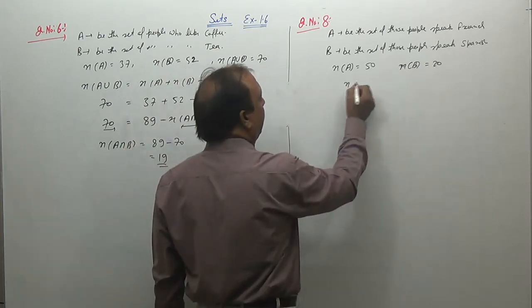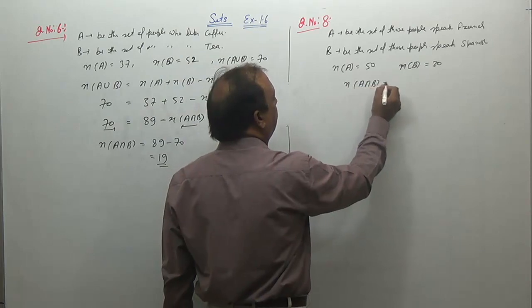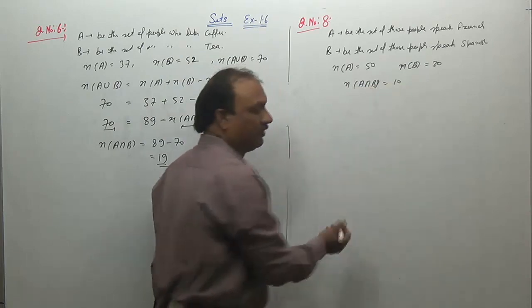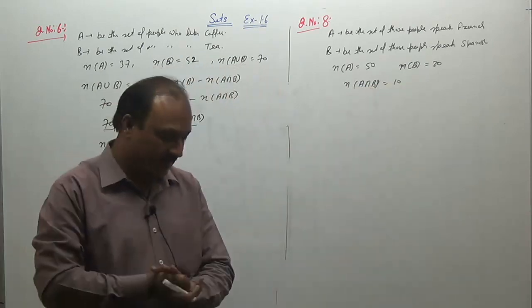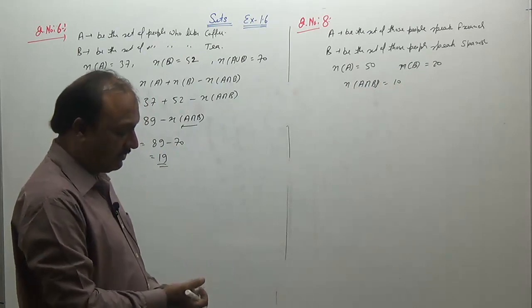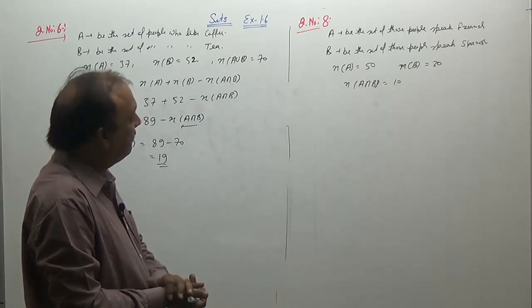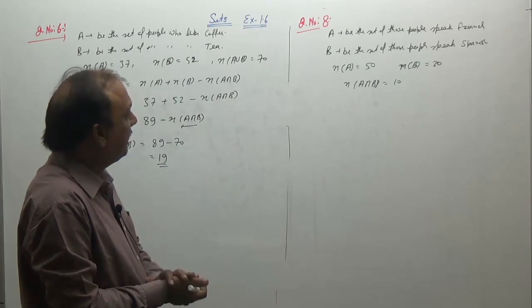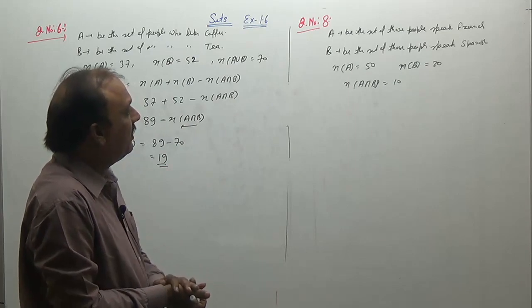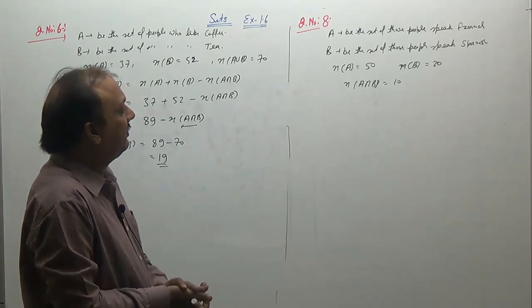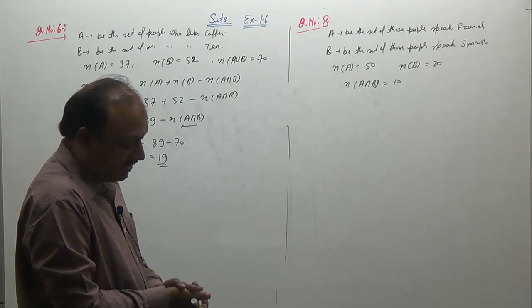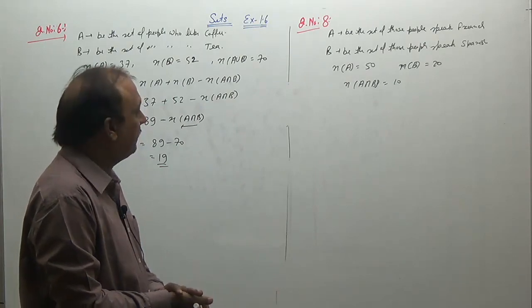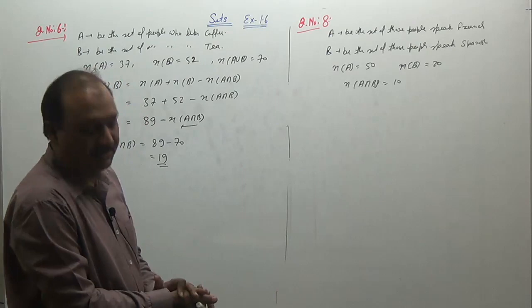That is, A intersection B is 10. So simply these are the given data. So in a group there are 50 elements. There is a second group which can speak Spanish, there are 20 people, and 10 people are those who can speak both Spanish and French.